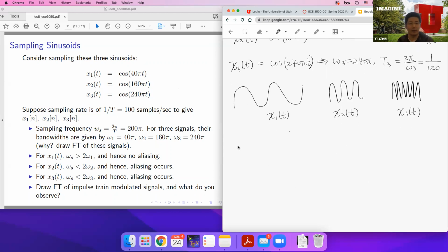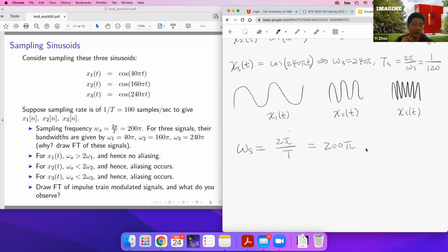So 1 over T is 100. The sampling angular frequency is 2 pi over the sampling period, 2 pi over T. Now 1 over T is 100, so omega s is 2 pi times 100, which is 200 pi.